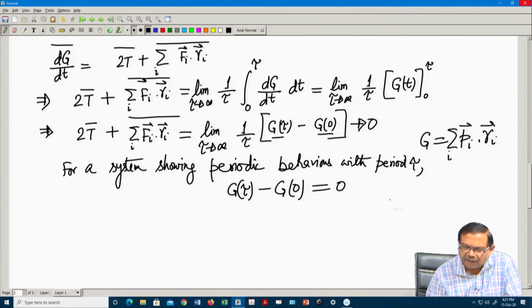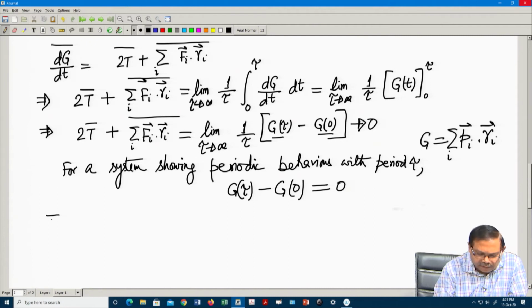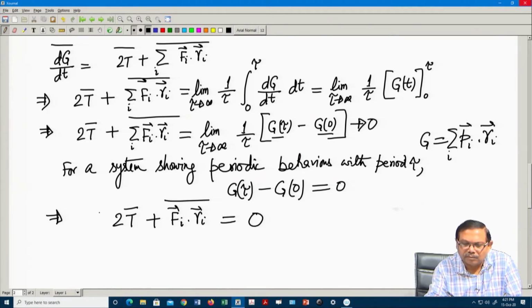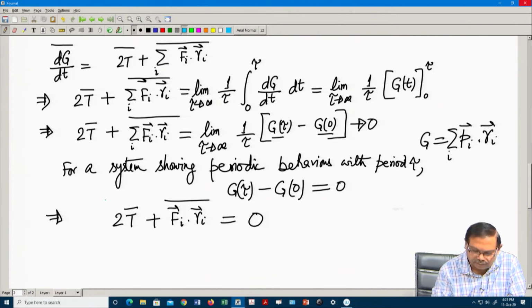So, if that is the case, then this expression becomes 2 T plus F_i dot r_i and the time average of this is 0. Okay.